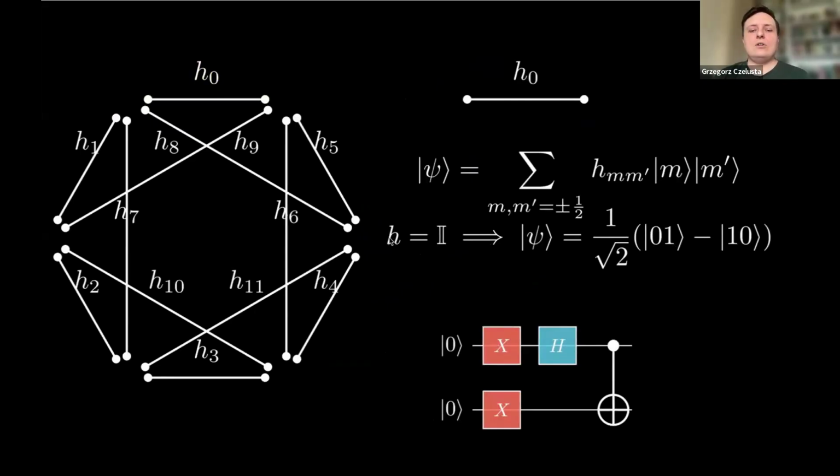But when holonomy is non-trivial, then this is some other maximally entangled state. So, for example, it could be some Bell state or whatever. And then you just need to replace this circuit with a circuit that generates this other state.